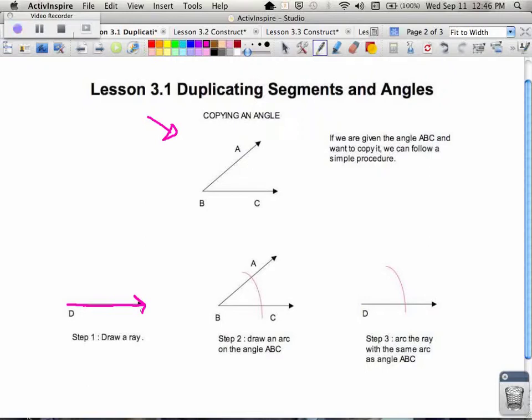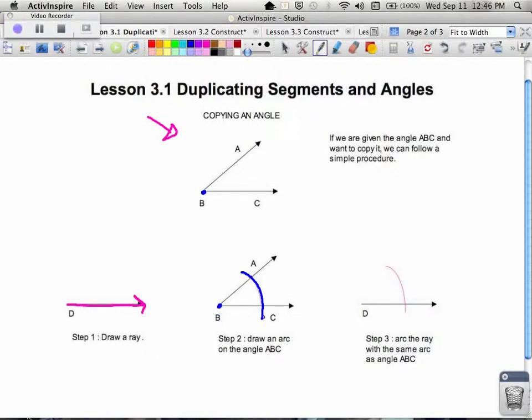And then you're going to take your compass and place the point on your angle B of the original angle, or angle ABC. That was the original angle back up here. Stretch your compass out probably about 2/3 of the way to the ends of the angle, and make an arc on angle ABC.